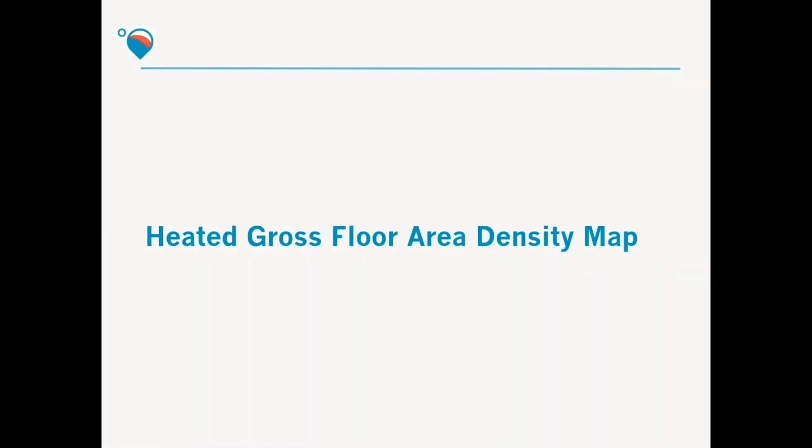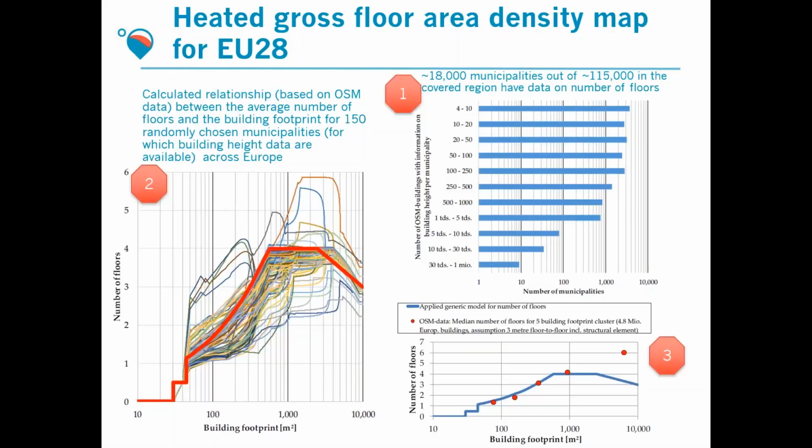Let's jump directly into the calculation of heated gross floor area and heat demand density for EU28. I start with the heated gross floor area density map. You know that the data is scarce in this topic. We don't have much data on heated gross floor area.